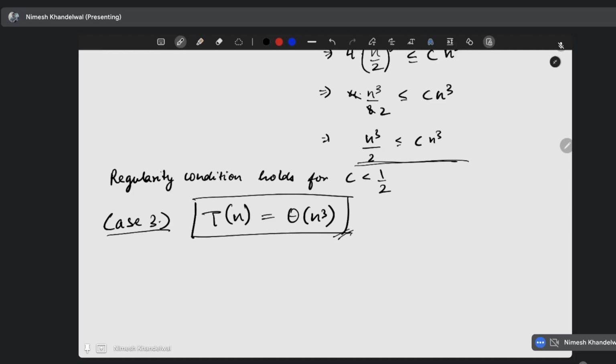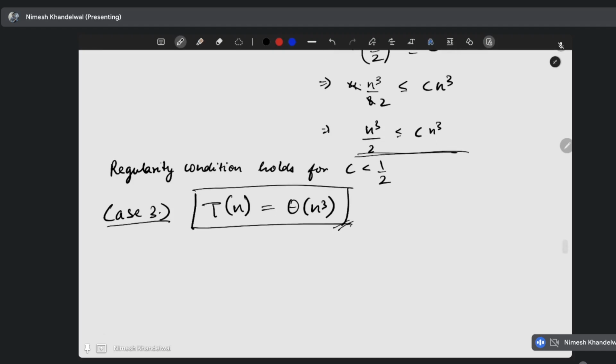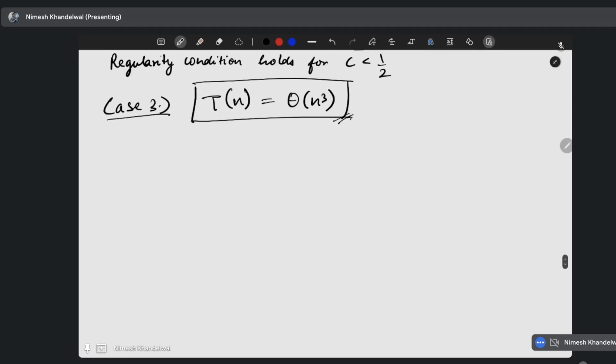So let us take one more problem, right? That is t of n is 4 times t of n by 2 plus n squared over log n, right?